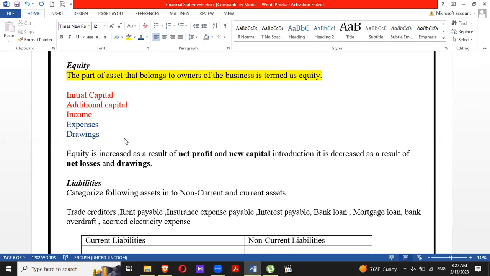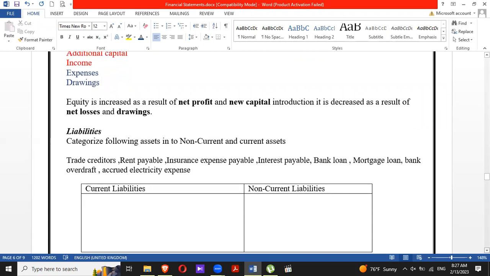Due to expenses and drawings, equity decreases. So always keep this in mind. Here, go through this. I have given here that equity is increased as a result of net profit and new capital introduction. It is decreased as a result of net losses and drawings.